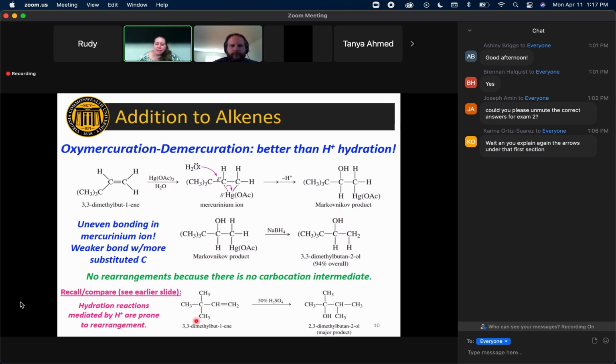And so this rearrangement is why we had to come up with these new reagents, this oxymercuration, demercuration sequence, to avoid situations like this where our hydroxyl group ends up on a rearranged carbon scaffold.